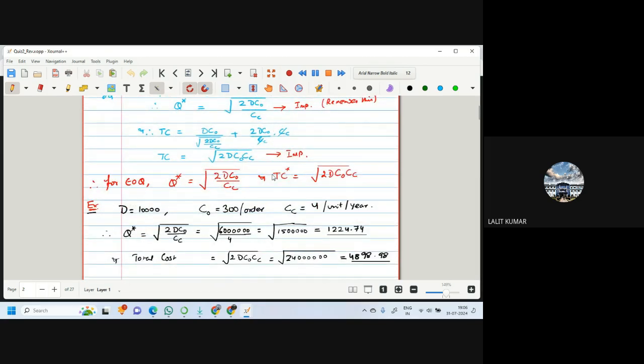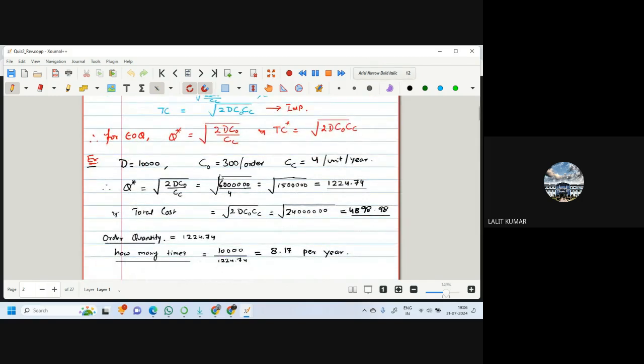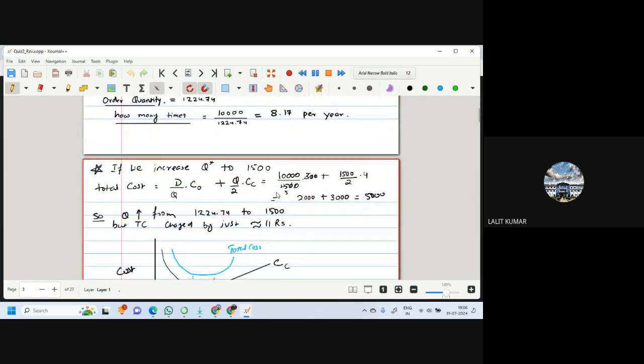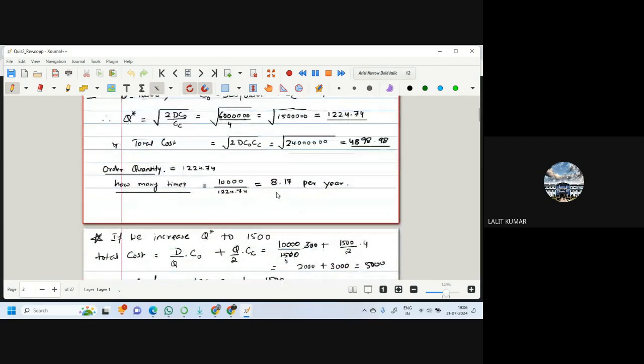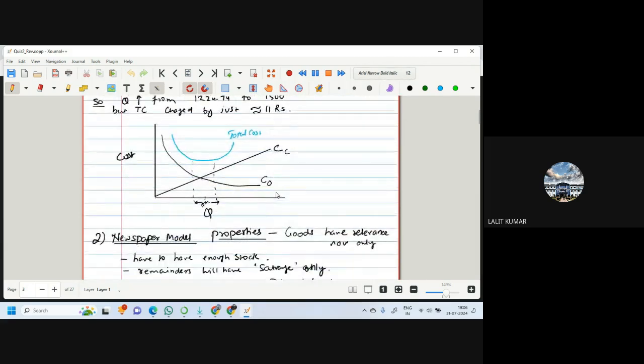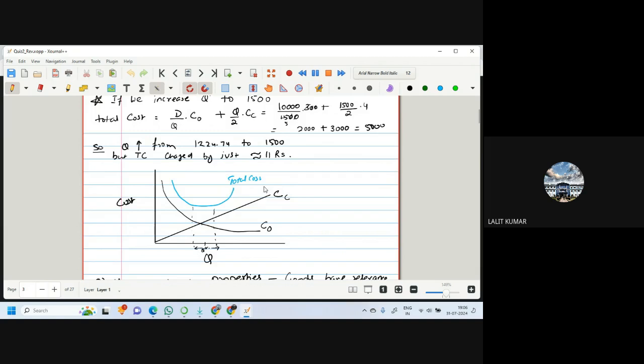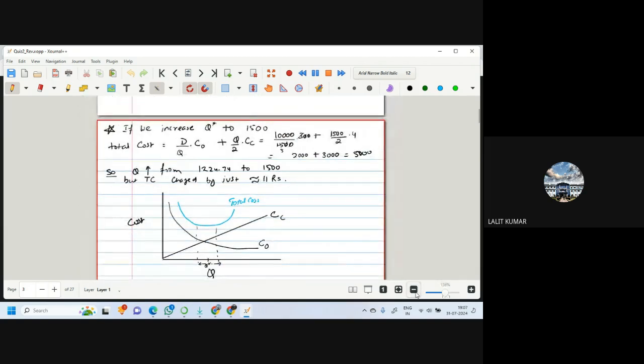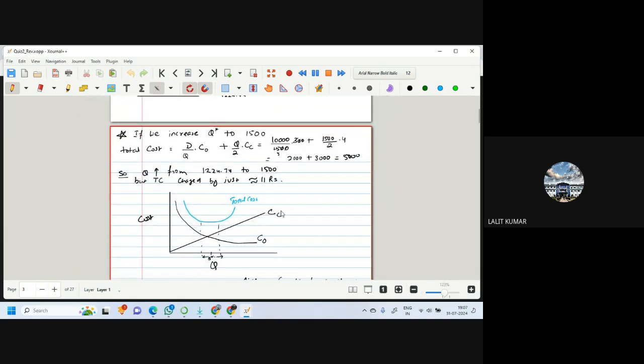This document, I think I have already shared, and I will share it again on WhatsApp. This is one example which has been taken from the lecture, and I have also solved it in the PYPs. In some PYPs, this property of the EOQ model has been checked: when you change the optimum quantity which you have obtained, even by 15 to 20%, your total cost does not change so much.